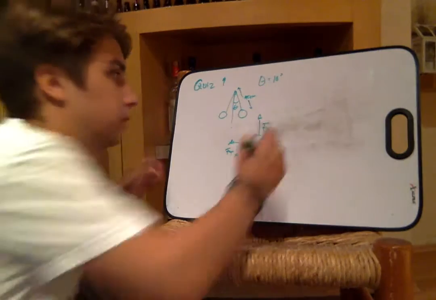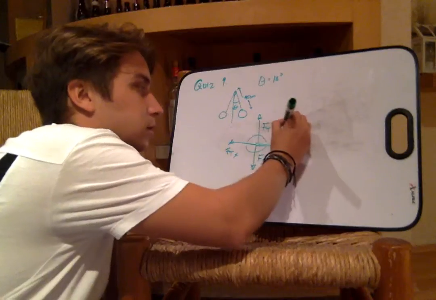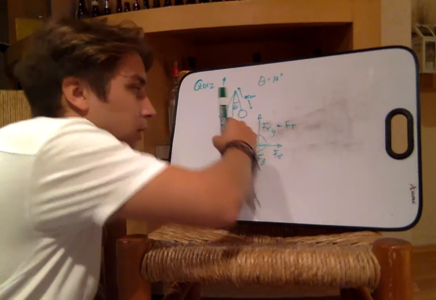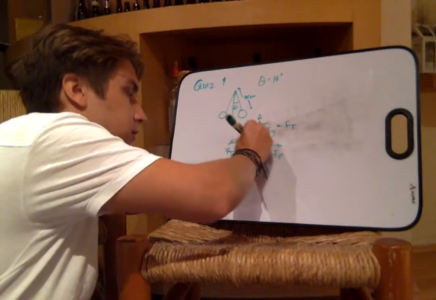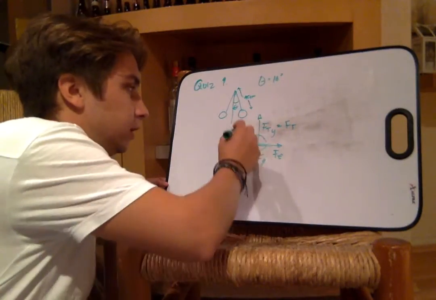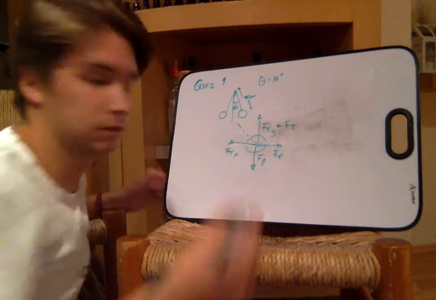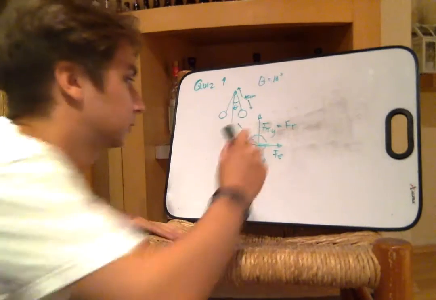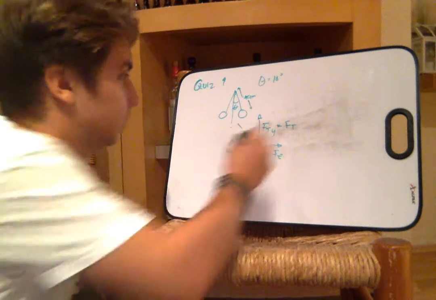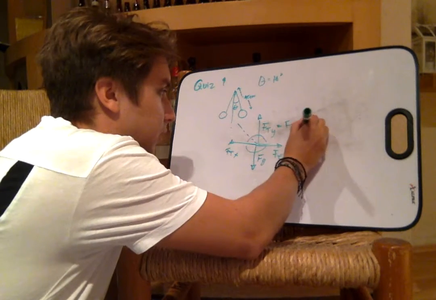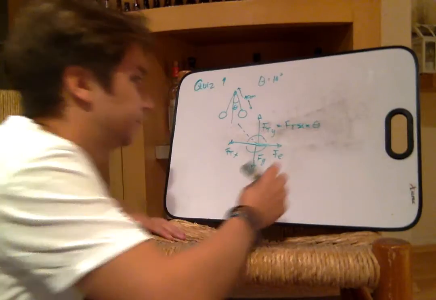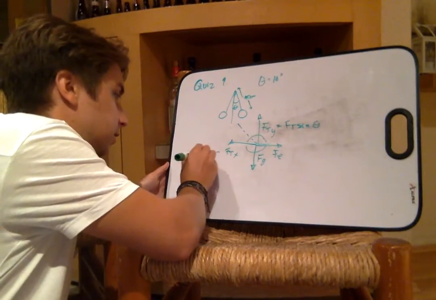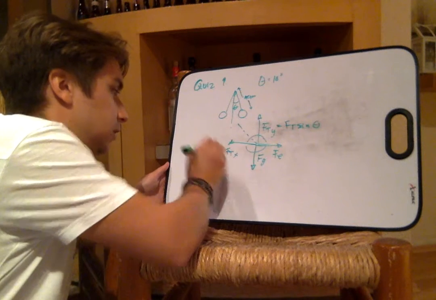In this case, we know that the force of the tension in y is the tension multiplied by the sine of theta, and the force in x will be the tension times the cosine of theta.